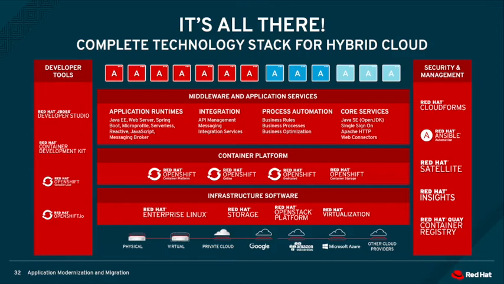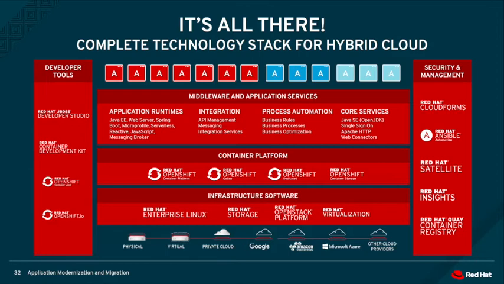So at the bottom of this particular cake, or layered architecture, is the infrastructure that it supports, right from physical, virtual, private cloud, or public clouds like Google, Amazon, Microsoft Azure, or any other cloud providers. These are the core infrastructure that you can run the systems on.